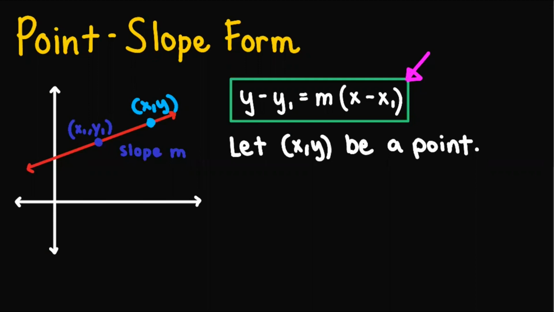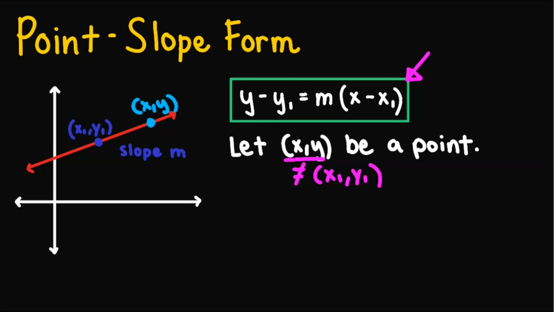Moreover, we choose xy such that this is not equal to x sub 1 comma y sub 1. The reason being is that we'll be using this point to get the slope of the line.